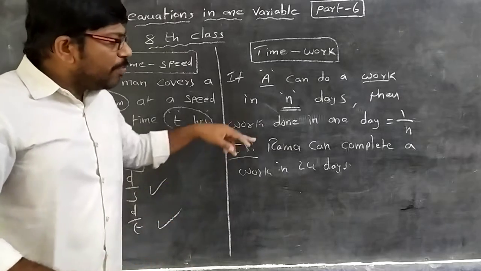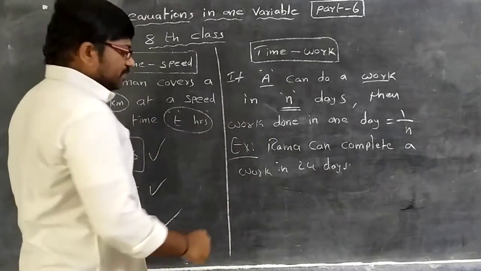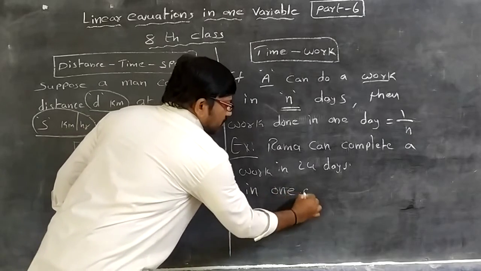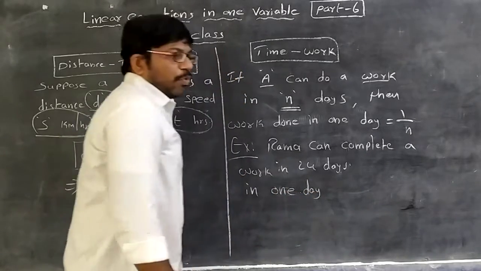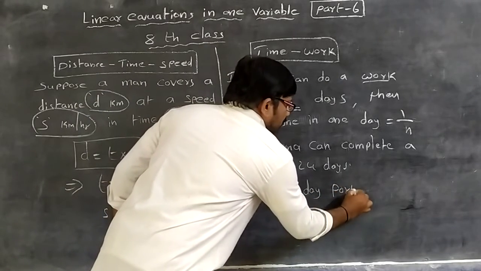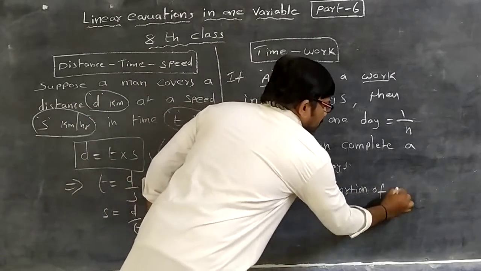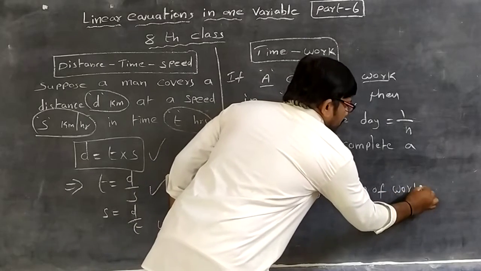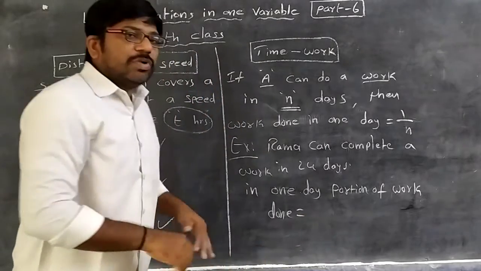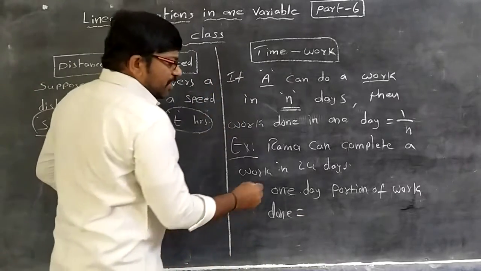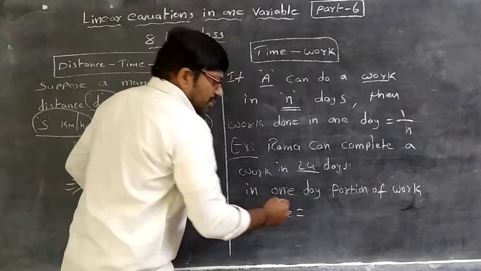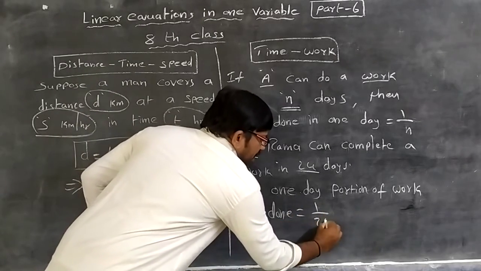Then in 1 day, how much of the work does Rama complete? The portion of work done in 1 day is, out of total 24 days, in 1 day how much? 1 by 24.